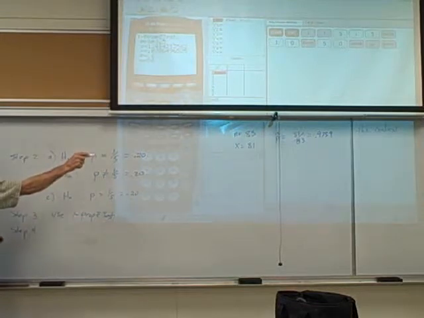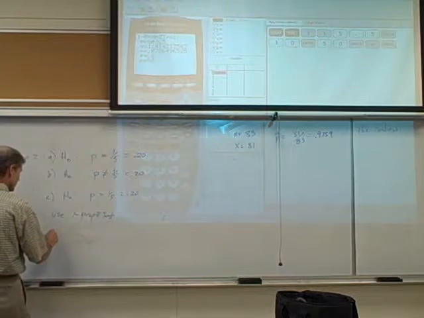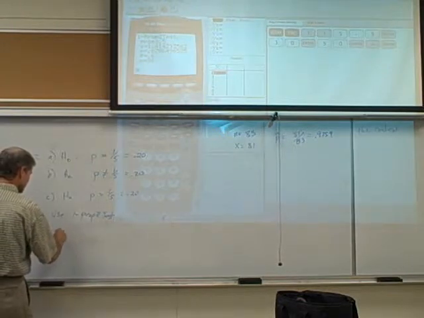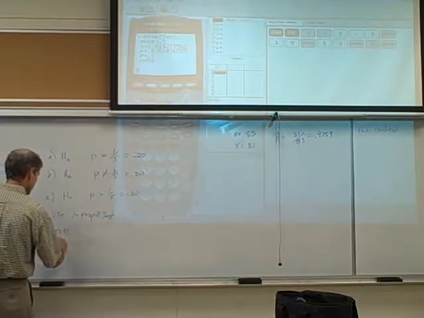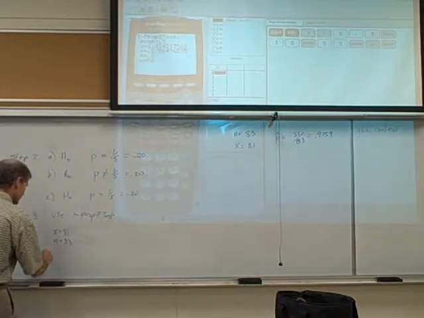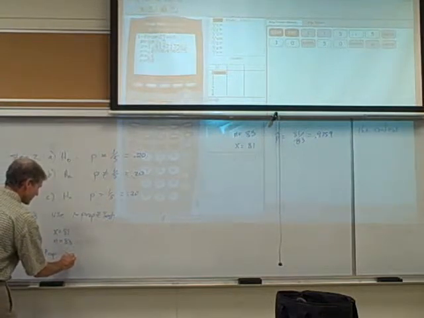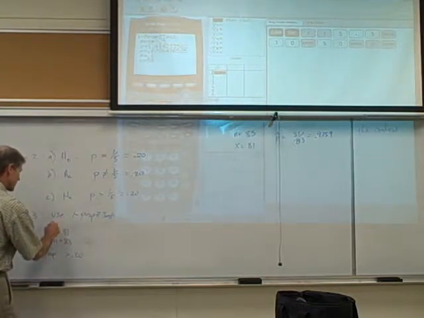Right? That's the data. This is the hypothesis. So you're going to enter in your calculator x equal 81, n equal 83, and you're going to select prop greater than 0.2, which I forgot to put up here.